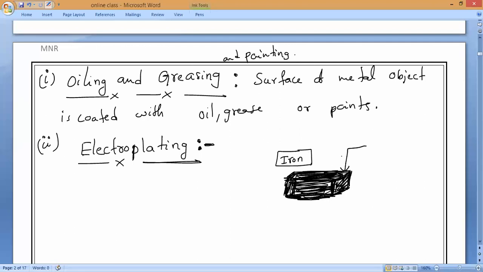So electroplating is the technique where we melt nickel and chromium and, with the help of electricity, apply the coating.